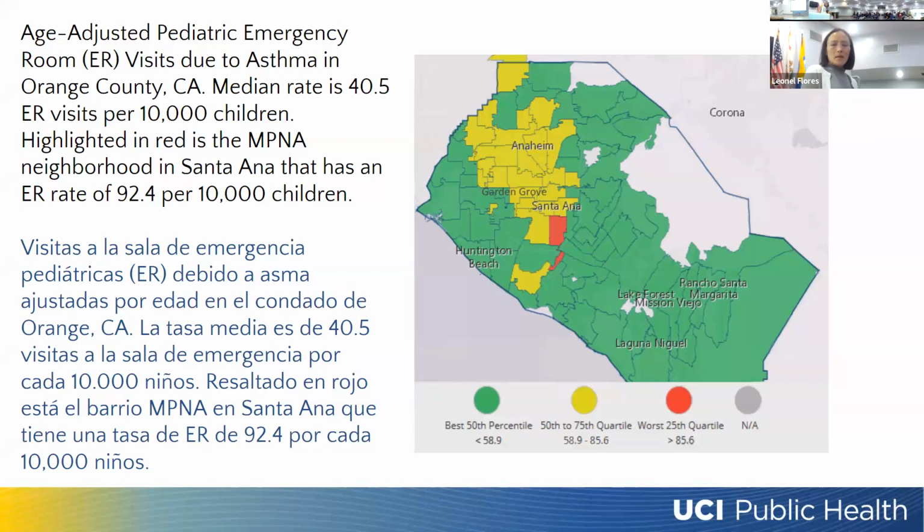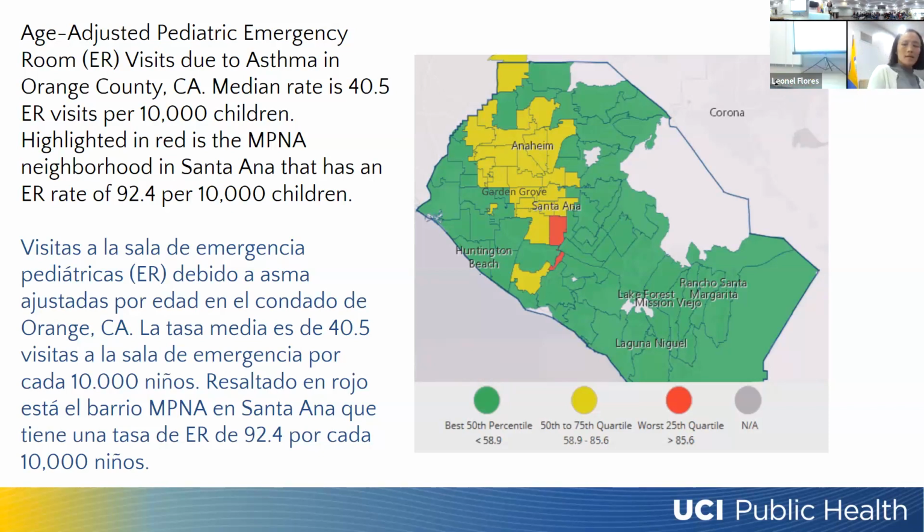You can see the green area is the best performance area with the lowest pediatric emergency room visits, while the yellow area is relatively poor, with higher pediatric emergency room visits. And the red area is the area with the highest percentage of pediatric emergency room visits due to asthma.